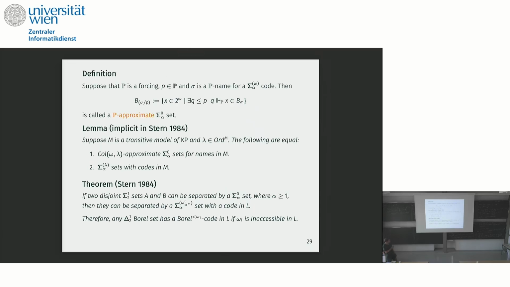But this result was actually proved a long time ago, assuming that omega_1 is inaccessible in L. So this is a very nice result that I want to quickly explain here. Let's go to the theorem. We have two disjoint Sigma^1_2 sets, A and B, and we assume that they're separated by a Borel set of level alpha.